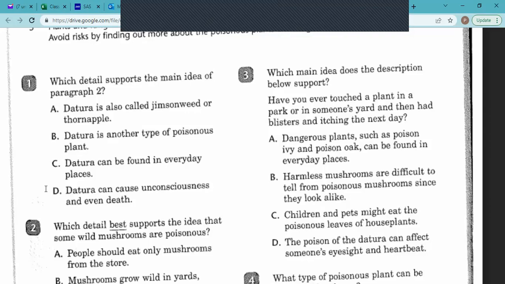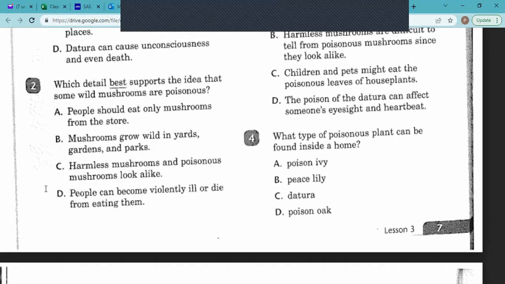All right, number two, which detail best supports the idea that some mushrooms are poisonous? Is it A, people should eat only mushrooms from the store? B, mushrooms grow wild in yards, gardens, and parks?